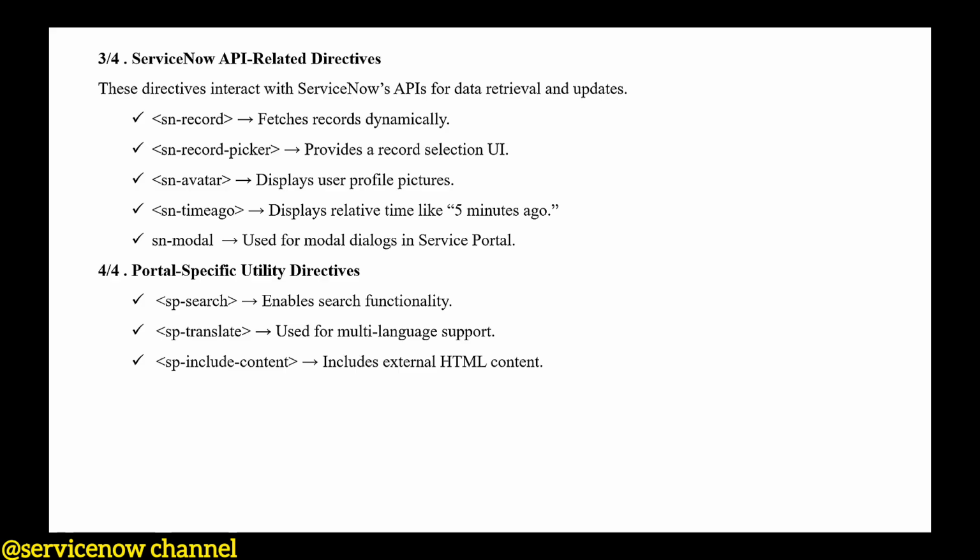For example, if a client or user wants to translate into some other language, say we have English and they need Chinese, Greek, or Italian, in that case we can use sp-translate. And we have another, sp-include-content, which will include external HTML content here. This is the work of these directives.